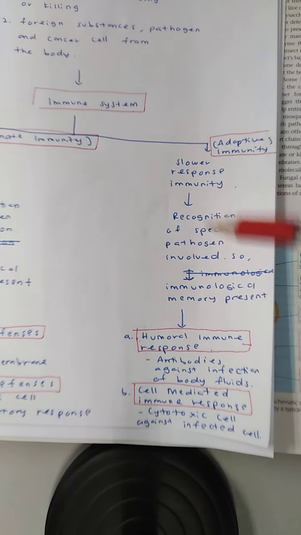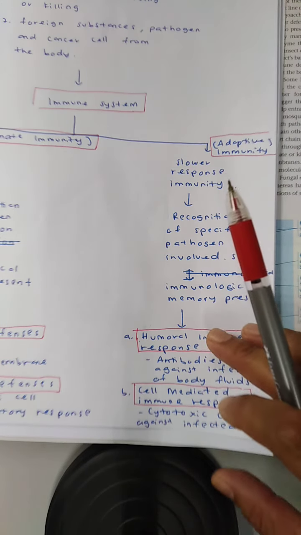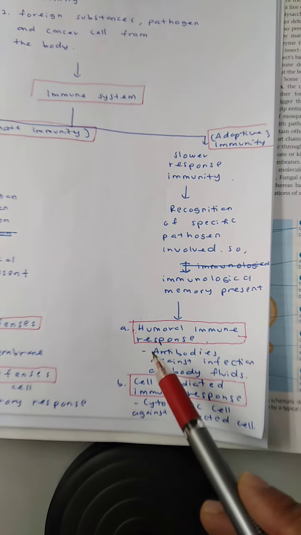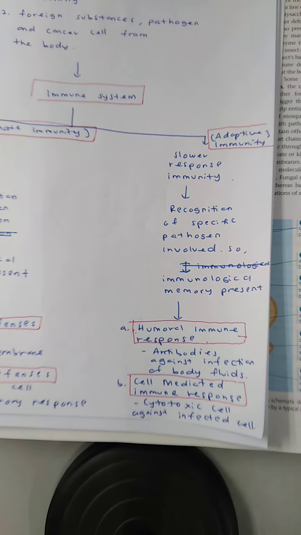So, adaptive immunity ni melibatkan dua jenis tindakan. The first one dinamakan sebagai humoral immune response. Humoral immune response adalah bentuk immune response yang menghasilkan antibody. So, highlight perkataan antibody. So, antibody ini bergerak dalam salur darah. Antibody sejenis protein yang bergerak dalam salur darah. Jadi antibody is very important to fight against infection of the body fluid.